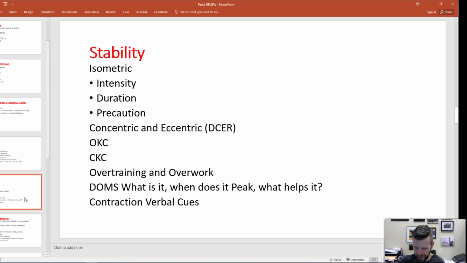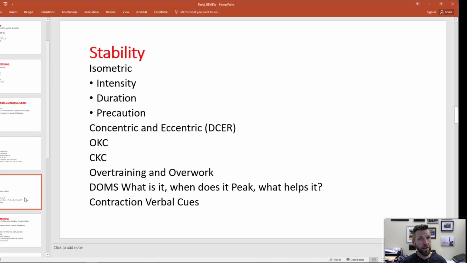I also want you to think about some of the unique aspects on, and I'm trying to find you the page number, on both open and closed kinetic chain as to what their benefits are. This was a really specific thing that we looked at, on page 198, actually started on 199. We talked about isolating a muscle group. Well, that's an open kinetic chain thing. What about controlling movements?